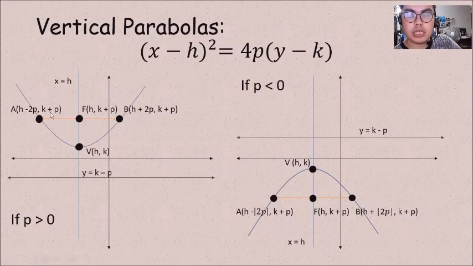However, there are differences with the x-coordinates. For the first endpoint, we're going to subtract 2p from h. However, for the second endpoint, for the x-coordinate, we have to add 2p to h. Okay? So, that is how we find the parts of the vertical parabolas.